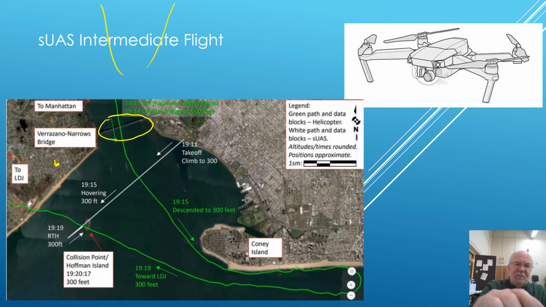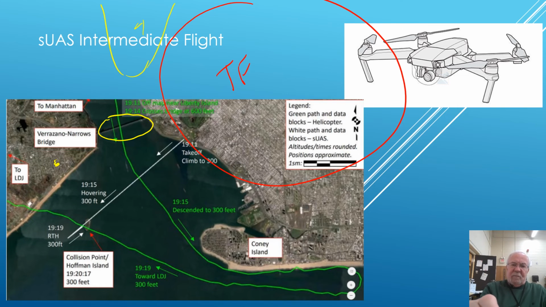Manhattan is up here somewhere. So that gives you an idea. This is New York Harbor, with a big old Class B airspace out in this area. Not only that, but there was a TFR, a temporary flight restriction, there as well. So that's the scenario.